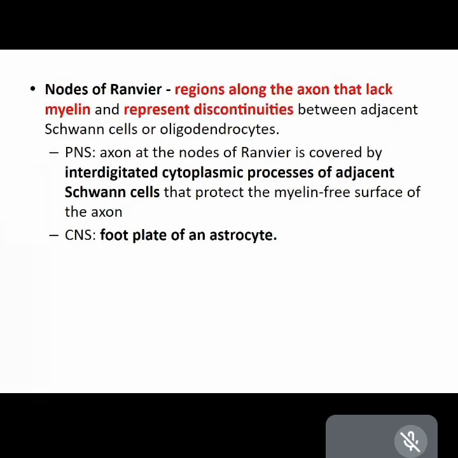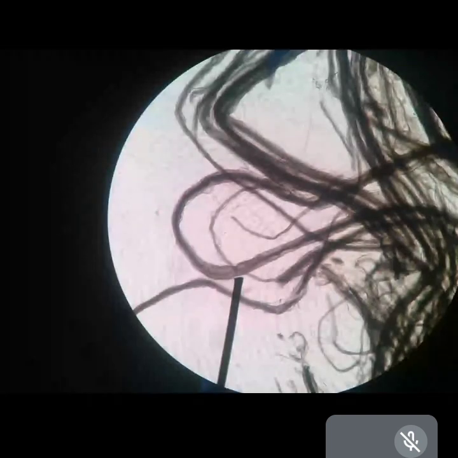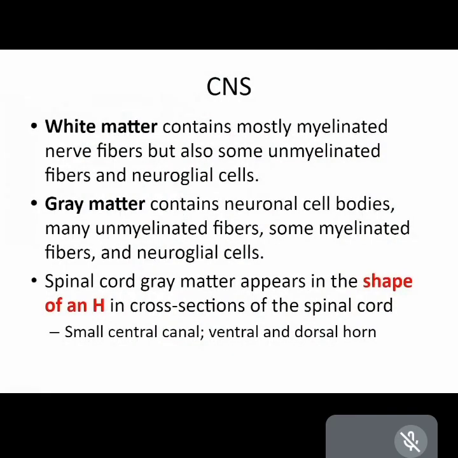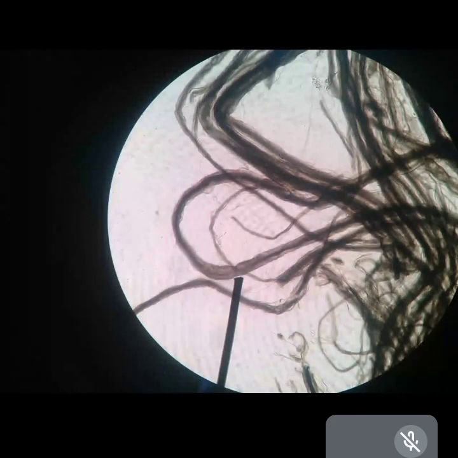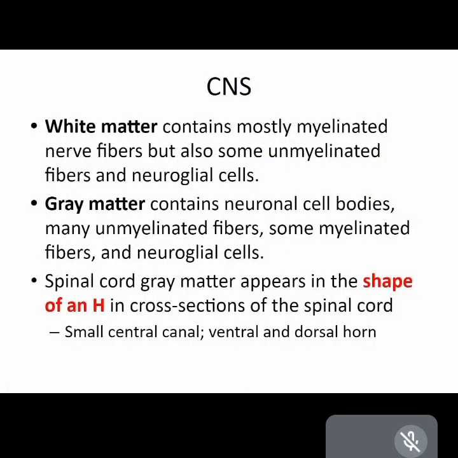So see the difference? They both have nodes of Ranvier, only at different locations. That one is a node of Ranvier. It looks like an intercalated disc, the one in the pointer, but it is the one in your CNS and PNS.